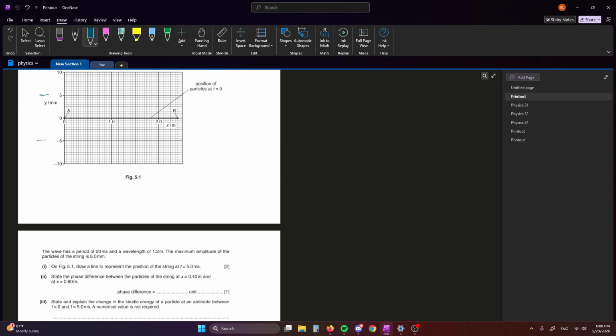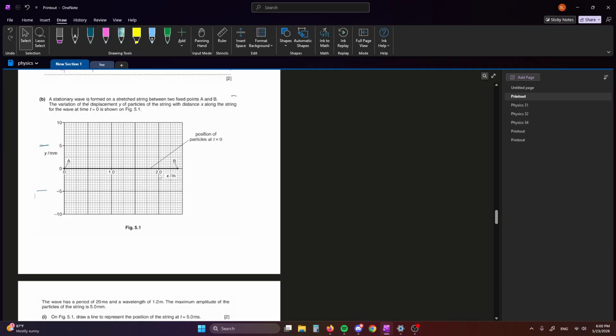On figure 5.1, draw a line to represent the position of the string at 5 milliseconds. So initially we're given that everything is at 0. So the three possible waves is going to be like this, right? And then after a while, this goes down, this goes up, and it becomes like that.